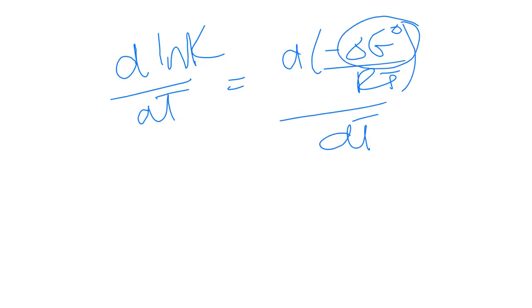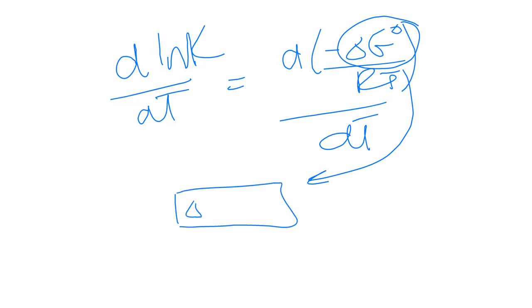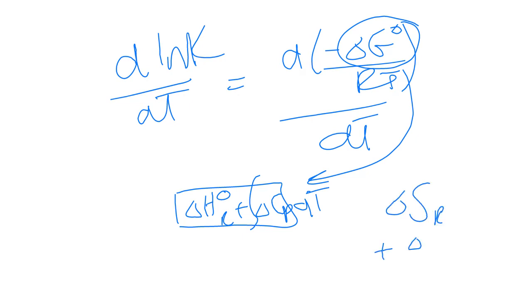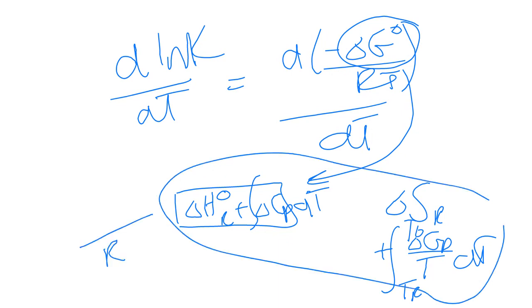And for that del G, I'm going to substitute all those different terms that I've just expanded: the del H at the reference state plus the integral of del Cp dT, and the del S at the reference state plus the integral of del Cp over temperature dT from the reference temperature to that final temperature. All of that divided by RT and then differentiated with respect to T.